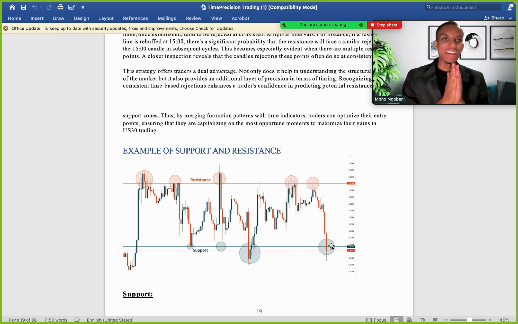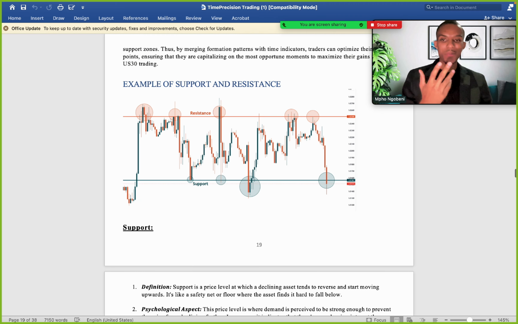That is why I usually say, if you know a bit of your ICT, a bit of your SMC, market structure, all those things, then time precision trading is just like a spice, that flavor that puts your trading to the next level.